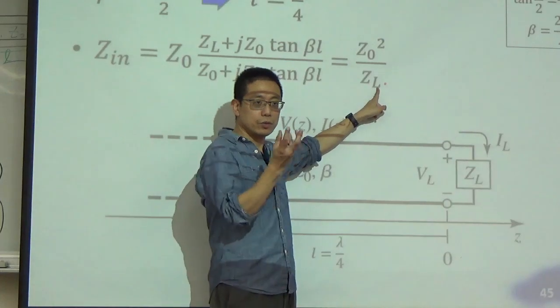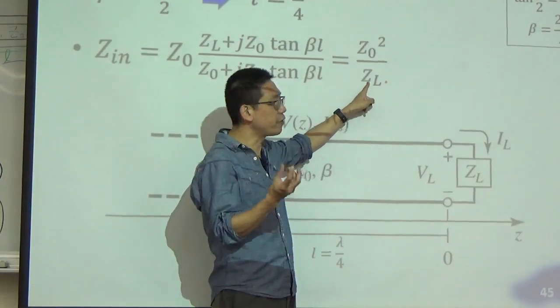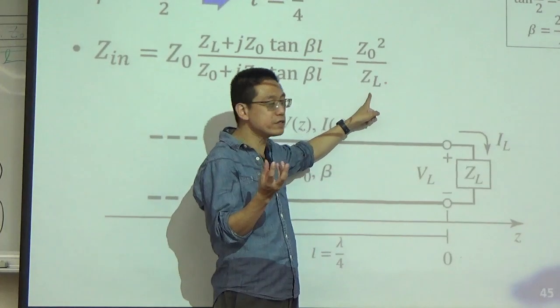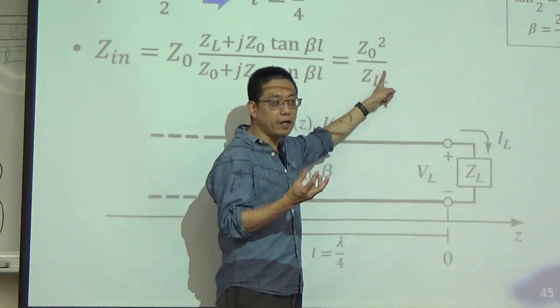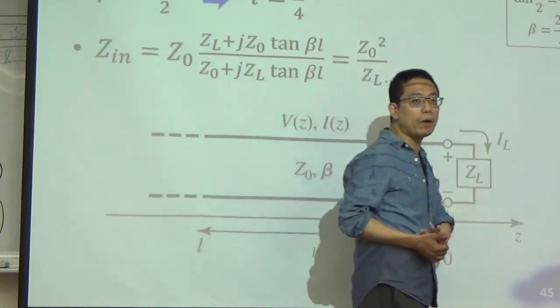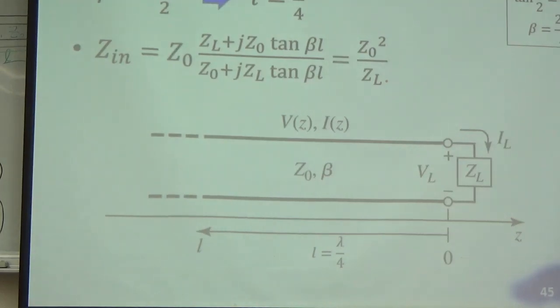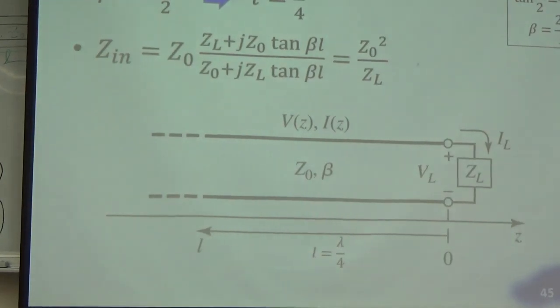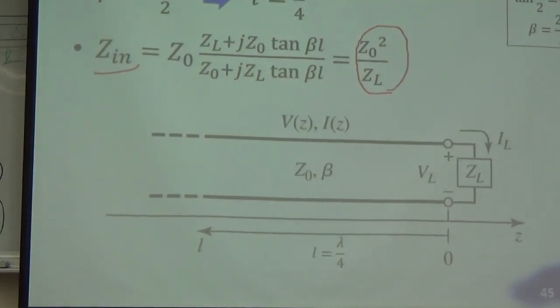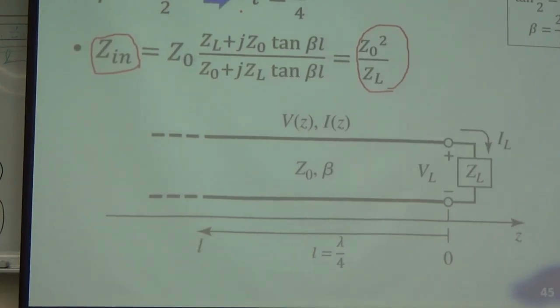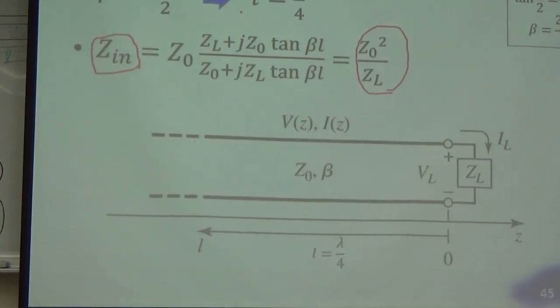This is very important. This equation is super important. People use the quarter wave transmission line to design many things. You use the quarter wave transmission line as an impedance transformer, not only used for open or short load, but for any other impedance.